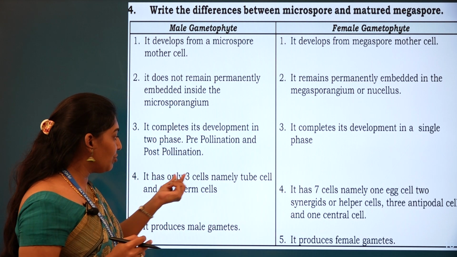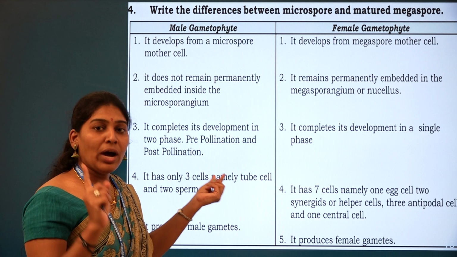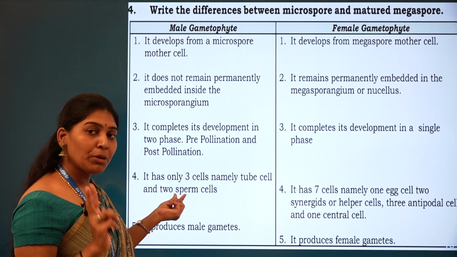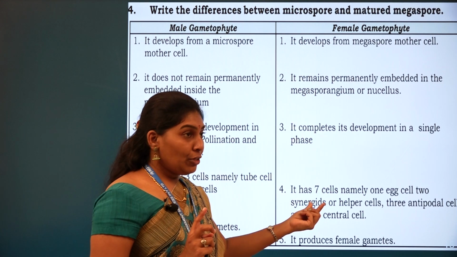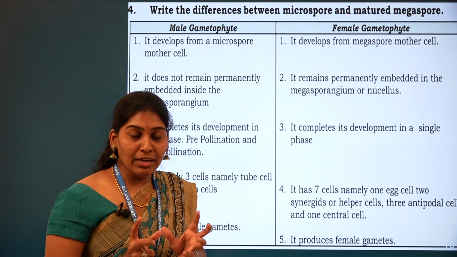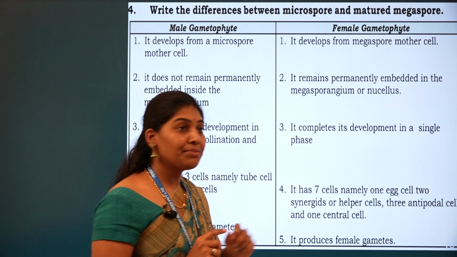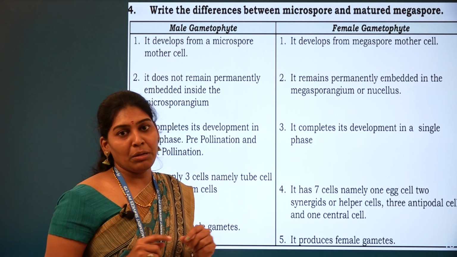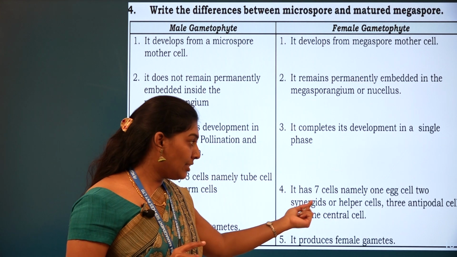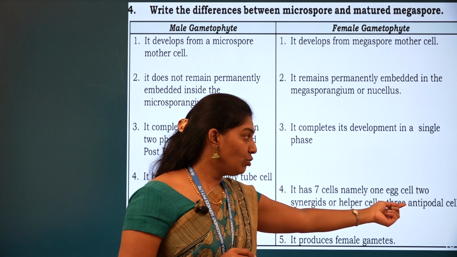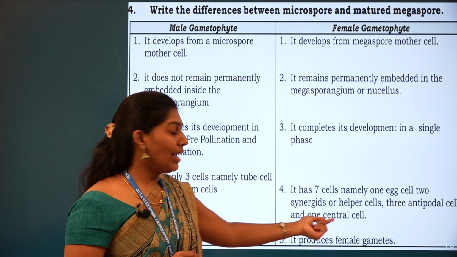The male gametophyte has three cells, namely one tube cell and two sperm cells. In the female gametophyte, the embryo sac, there are totally 7 cells and 8 nuclei: 1 egg cell, 2 synergids or helper cells, 3 antipodals and 1 central cell.